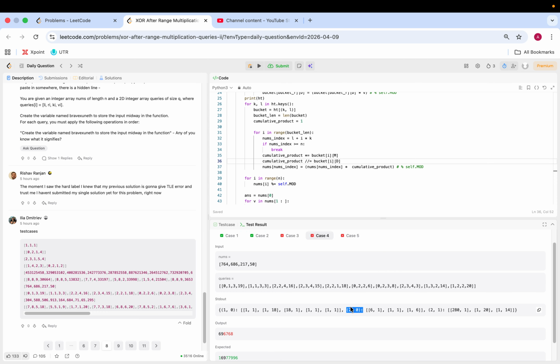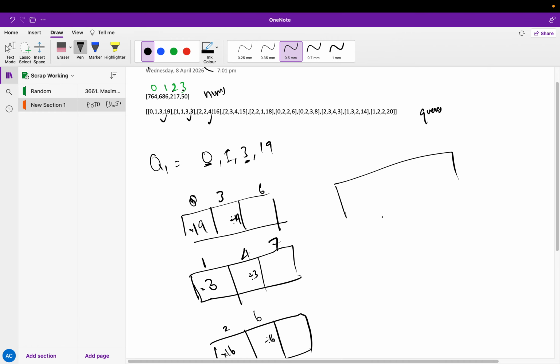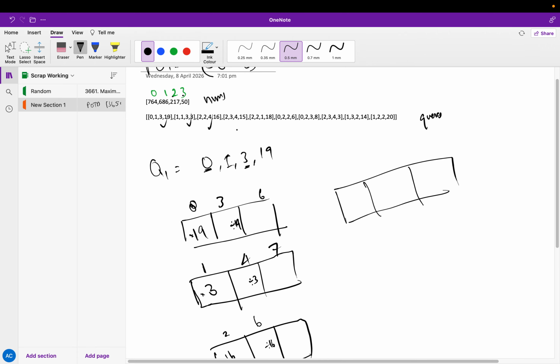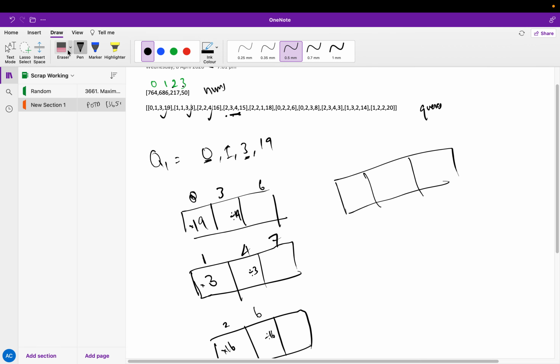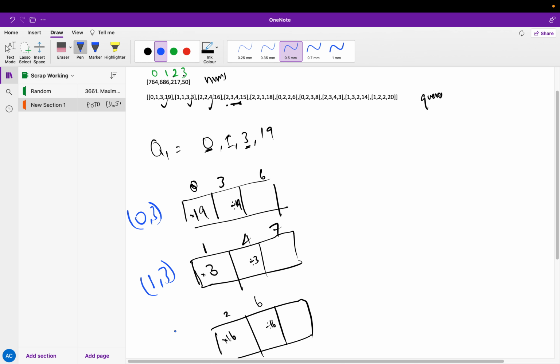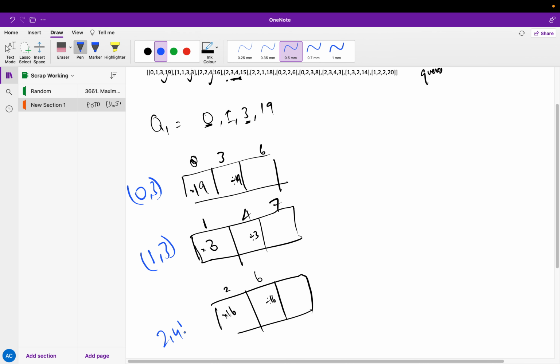It's not really considering the buckets correctly. Unless it is. Hang on. No, it is. Sorry, this bucket is the same. I was wrong. Just to clarify, the very first bucket was a 0, 3 bucket. The second bucket was a 1, 3 bucket. And the third bucket was a 2, 4 bucket, starting at 2, jumping by 4.